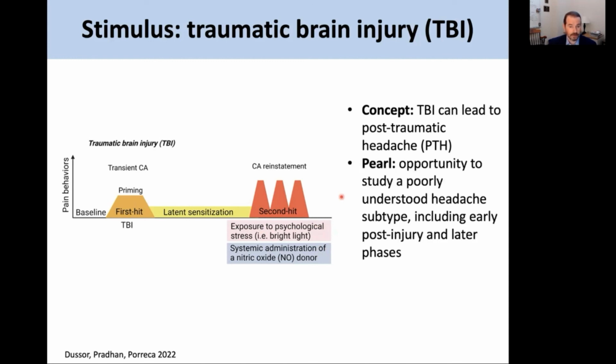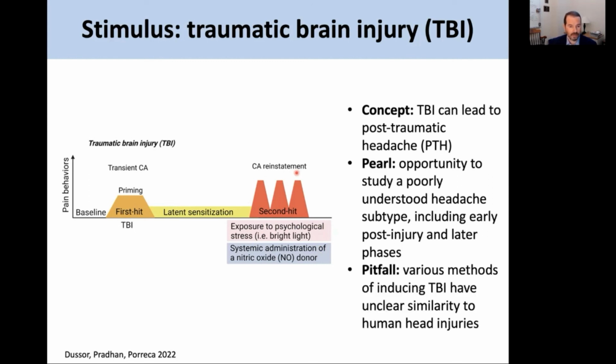The pearl is that this is an opportunity to study a very poorly understood headache subtype. You can study the early post-injury mechanisms, the sensitization phase, or how stimuli become problematic later. The pitfall is that there are various ways to induce TBIs in rodents, and it's unclear which of those is most relevant to human head injuries. There are still many questions around this.